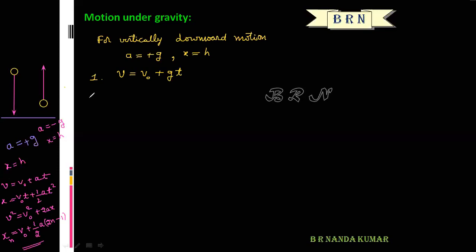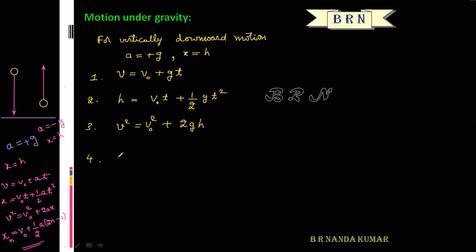And the second one, X becomes H: H is equal to V naught T plus half G T squared. And the third one, V squared is equal to V naught squared plus 2GH.